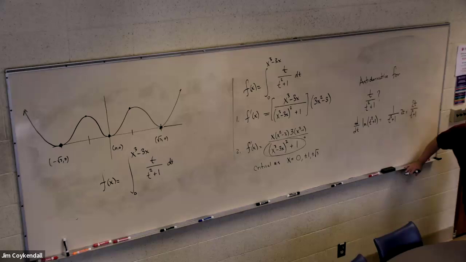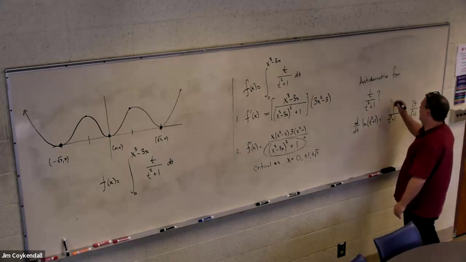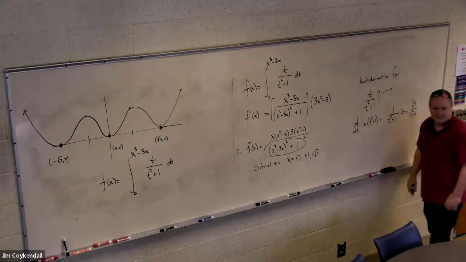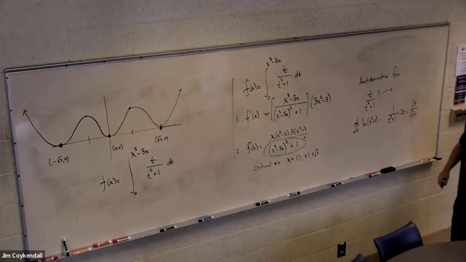Anybody want to take a stab at an antiderivative of this? Don't you wish this was t over t squared plus 1 instead of 2t over t squared plus 1? Then I'd have an antiderivative.